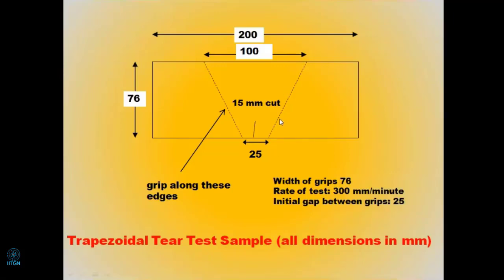Vertical width of the sample is 76 mm. Our grip width should be 76 mm only. The rate of loading is 300 mm per minute. This initial gap should be 25 mm only. Total gauge length of the sample is 200 mm.